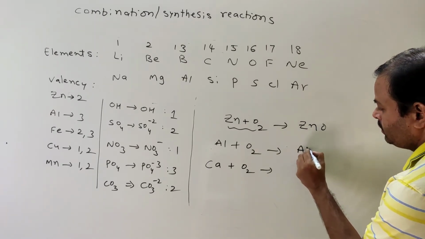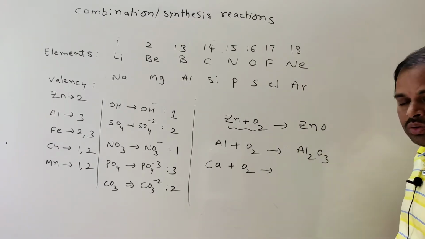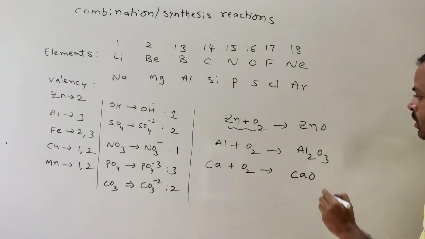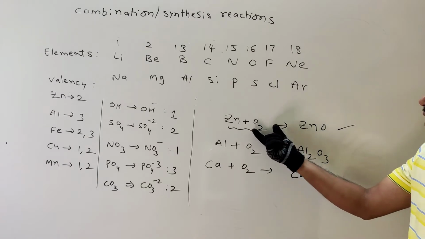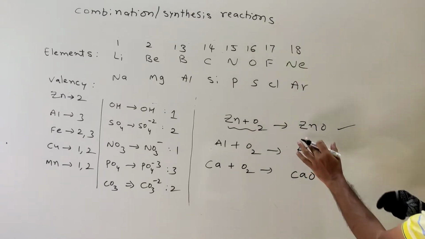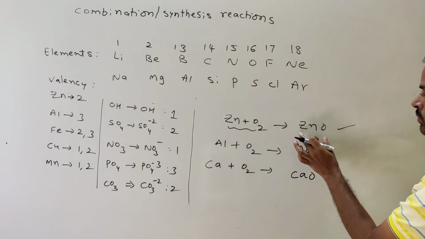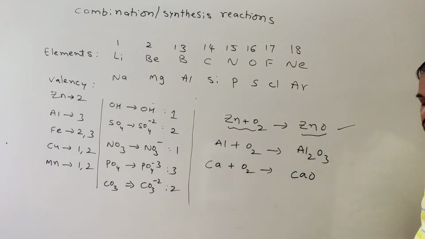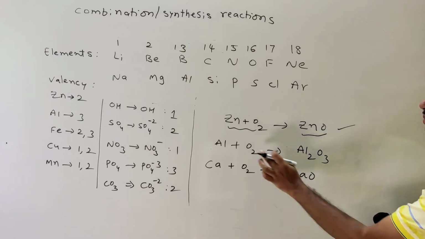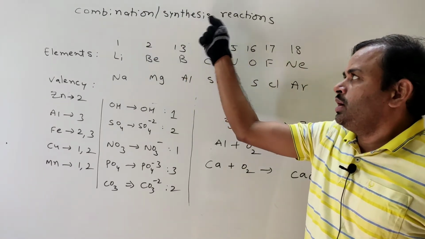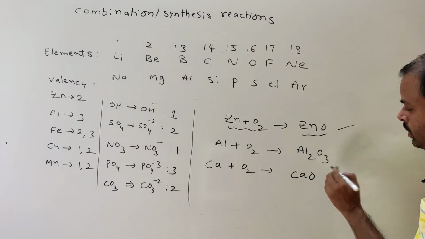Here it is aluminium oxide, Al2O3. Here it is calcium oxide, CaO. Because by combining two reactants we got this product, this is synthesized from these. That's why these are called combination reactions or synthesis reactions.